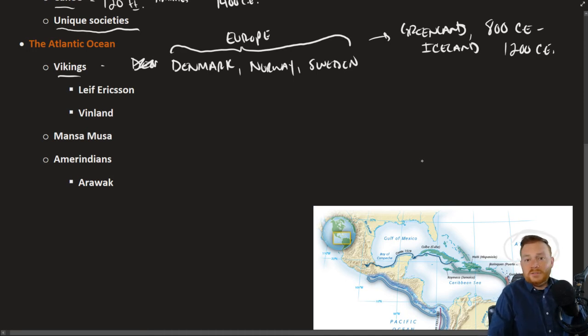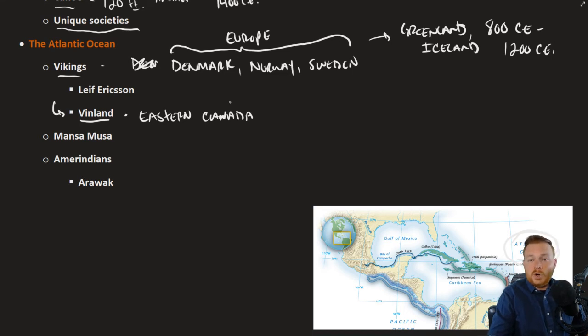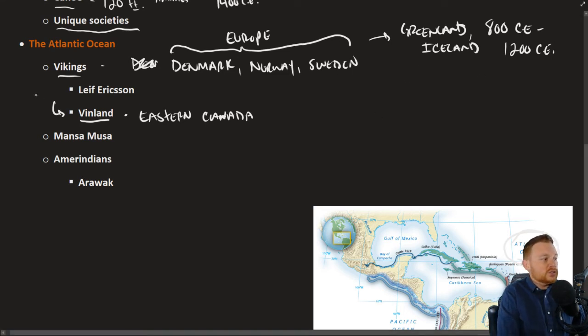And a very important Viking settlement to take note of was that of Vinland, which was established in eastern Canada. And while we have biological evidence, various plants and animals, that Polynesian peoples arrived in the Americas, we also have archaeological evidence from the Vikings, so we know concretely, and specifically what time, the Vikings had established Vinland, which was approximately 1000 CE, somewhere around there.